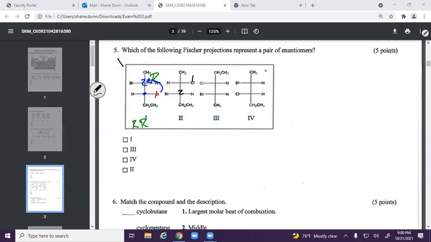Same thing. 1, 2, going this way, clockwise, but now it's S. Good. Here, I have 1, 2. That's normally R, but it becomes S. Good. Okay, 1, 2.